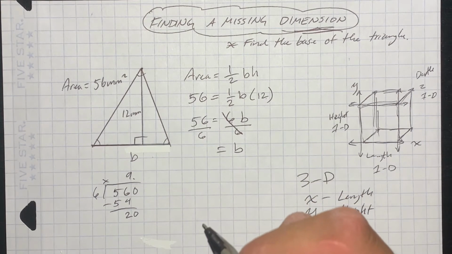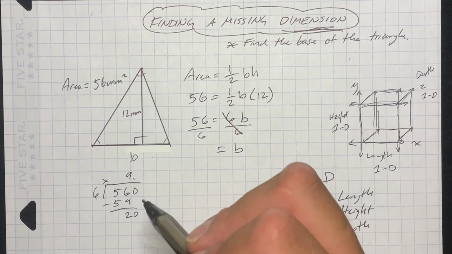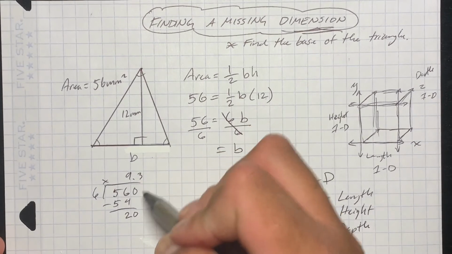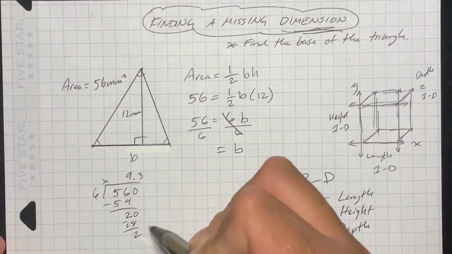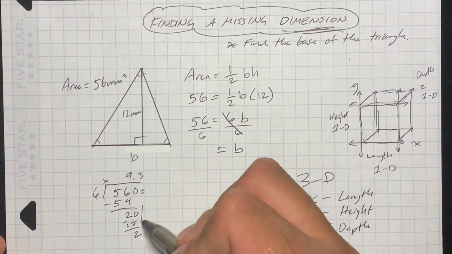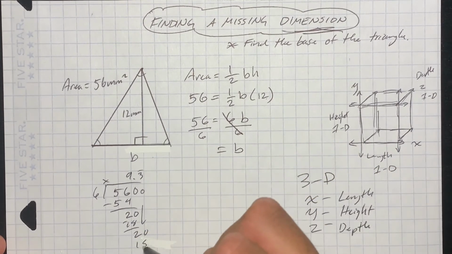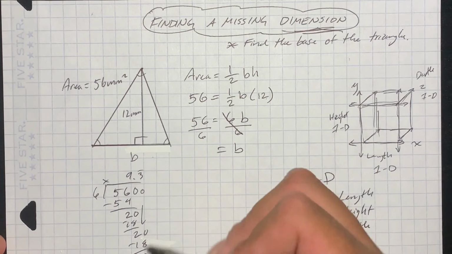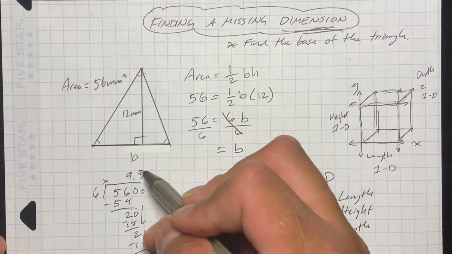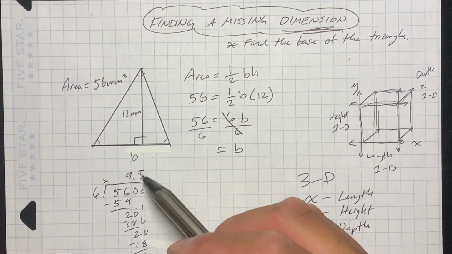6 can go into 20 about 3 times. That's 18. 2. Annex 0, bring it down. So it's just going to keep repeating. Okay, so I'm just going to do that because 18, 2, and then annex 0. It's just going to keep repeating. So I put a bar on top of the 3 there.